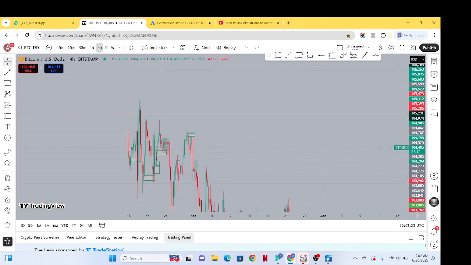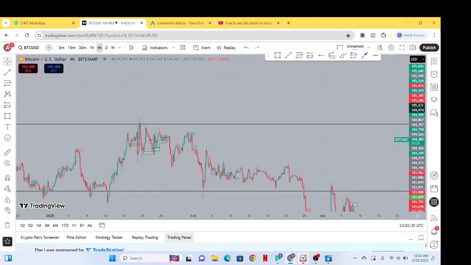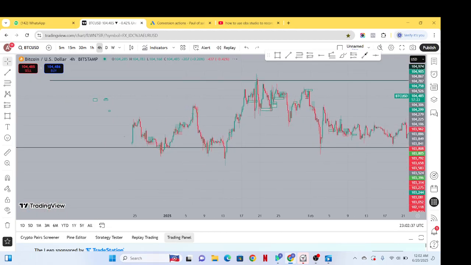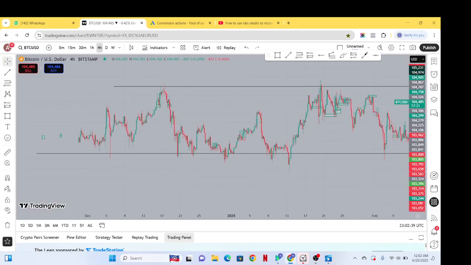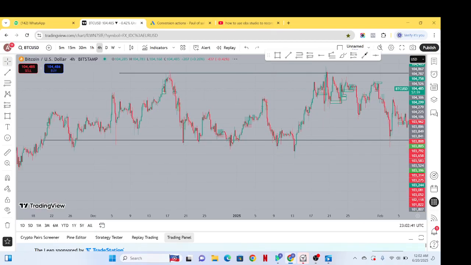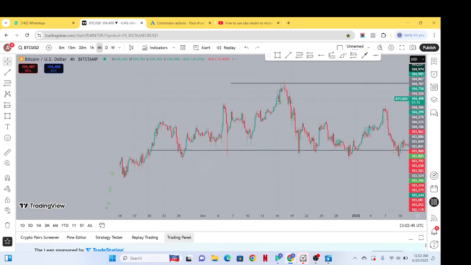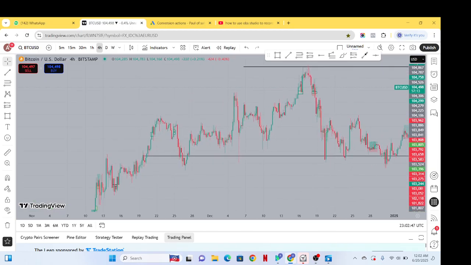That was how I found out that the market is in an uptrend now changing to a downtrend. There's a change of character.